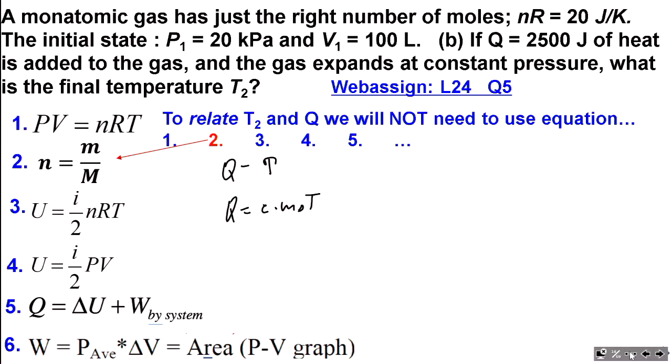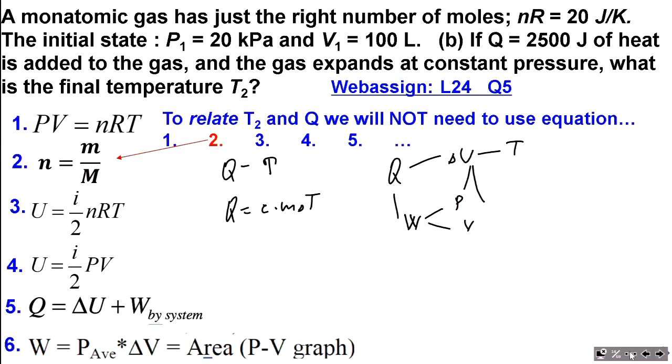We don't know specific heat, so we have to use different connections. The amount of heat is related to change in the internal energy and work, and change in the internal energy and work are related to pressure, volume, and temperature. So this map of connections gives us an idea what we should try to use.